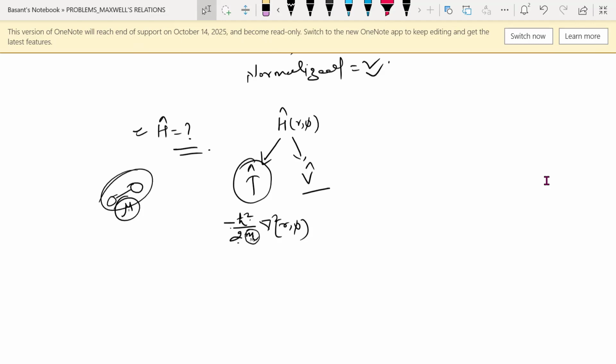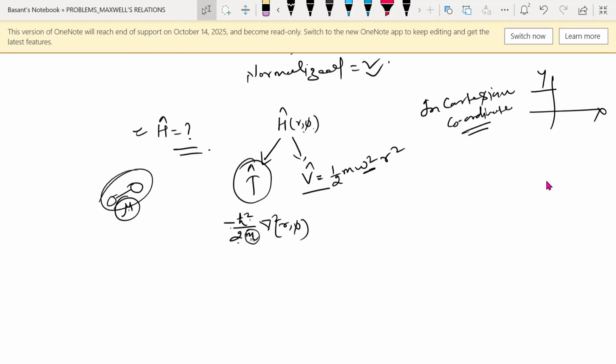Another is the potential energy term. The potential energy term is also written in r, phi terms, and this is equal to half m omega squared r squared, because in Cartesian coordinates the system is in the xy plane.